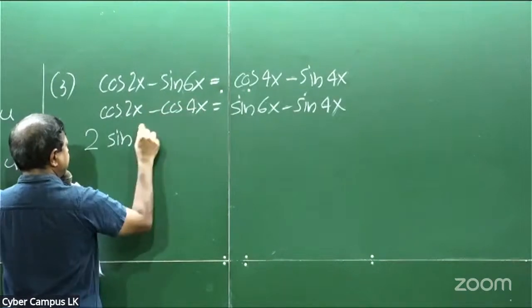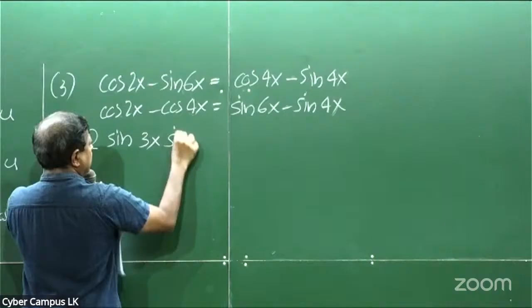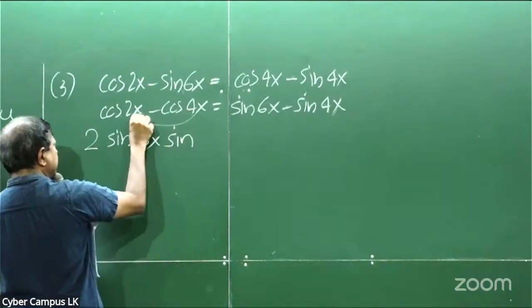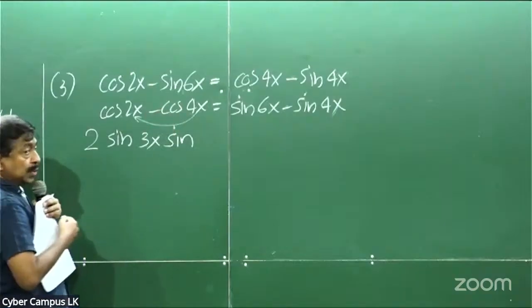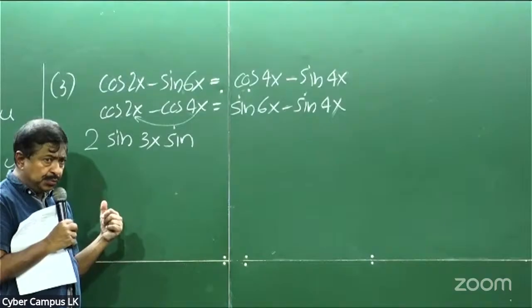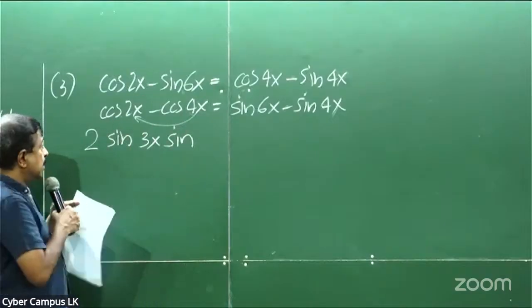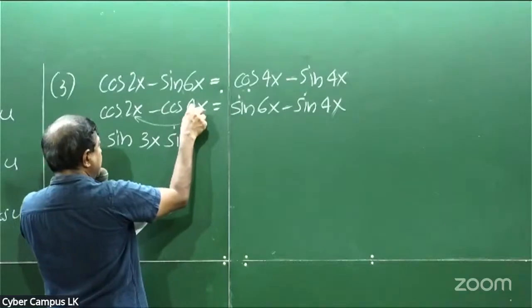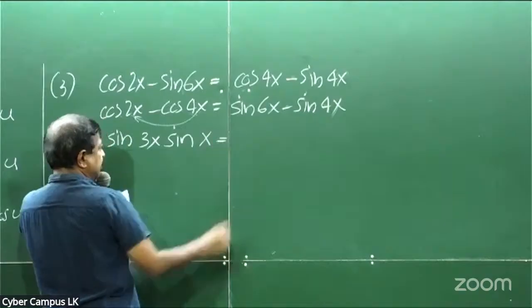First you add them divided by 2. Then you subtract, but you subtract in the reverse order in this particular formula, right? Cos C minus cos D is 2 sine C plus D over 2, then sine D minus C over 2. Therefore, you have to subtract it in this way. 4x minus 2x is 2x divided by 2, you get x.